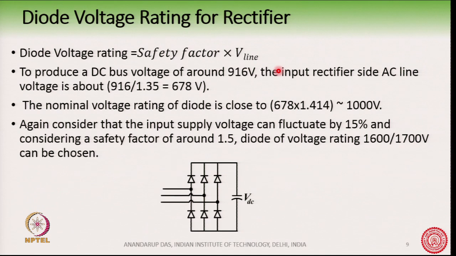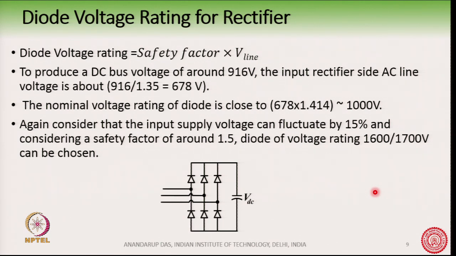Now, if you want to produce a DC bus of about 916 volt, the input rectifier side AC line voltage is about 678 volt RMS, because the DC bus voltage with such a rectifier is about 1.35 times the AC RMS line voltage. This information you can see in any power electronics textbook, in the rectifier section.